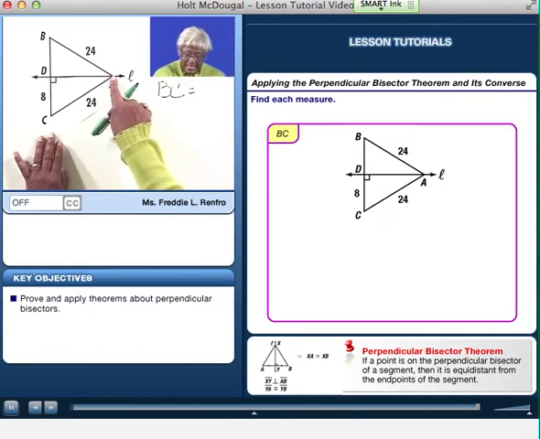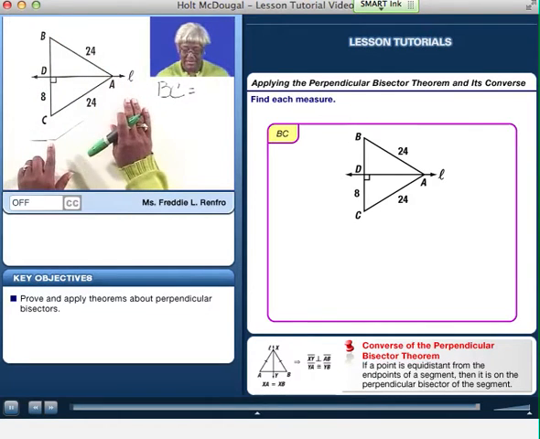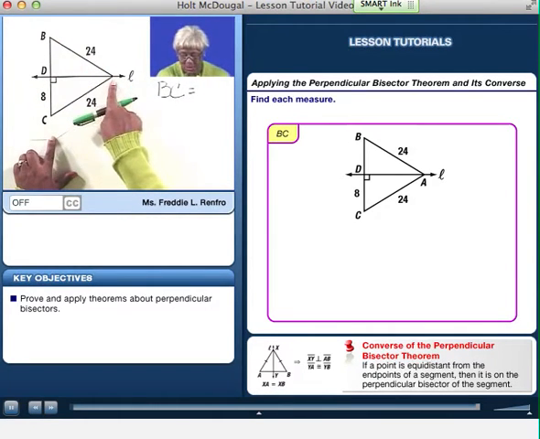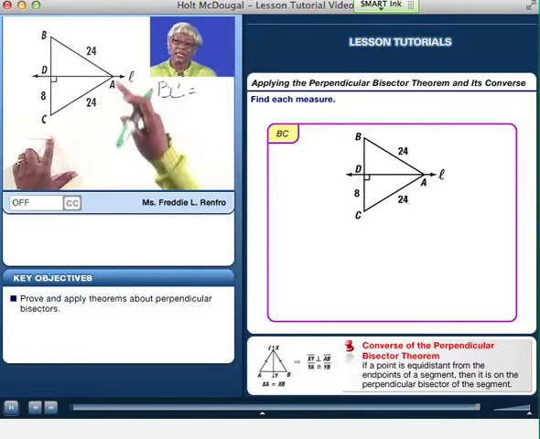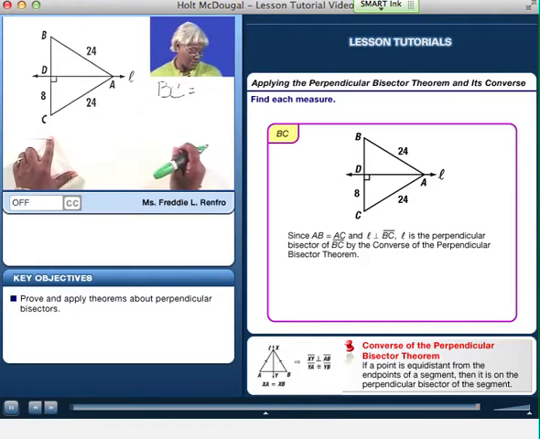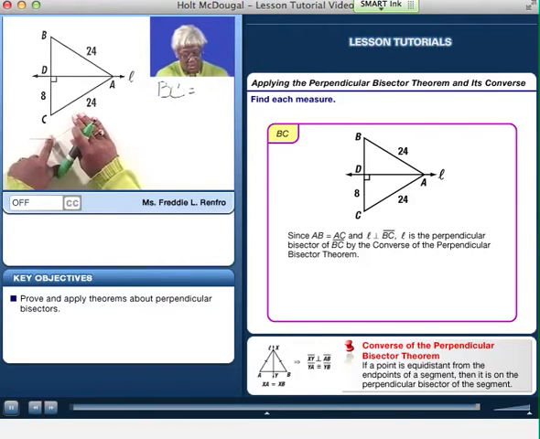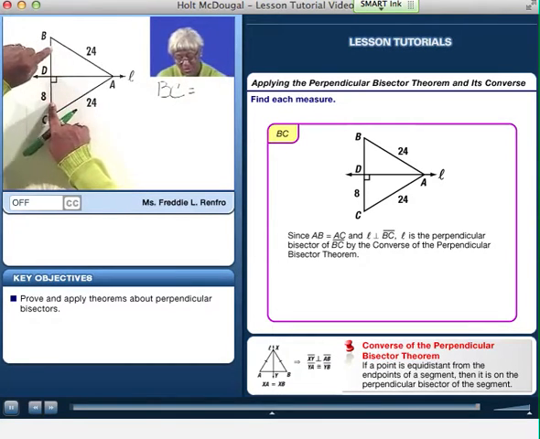Again, is this point equidistant from the endpoints? Yes, it is. This distance is 24. So therefore, we can apply the converse of the perpendicular bisector theorem to find what BC is. Well, we know that according to that theorem, these two are equal.